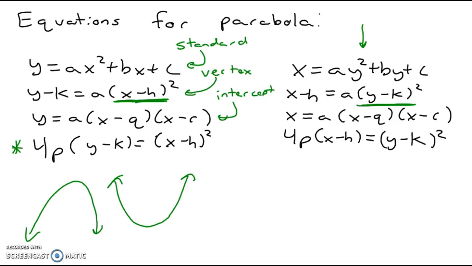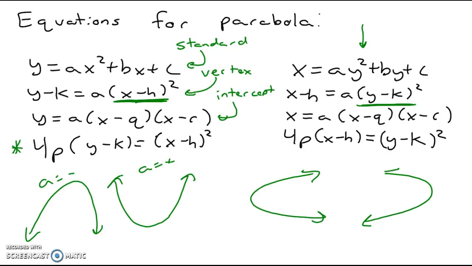With the ones where y is squared, the parabola opens to the side, either to the left or to the right. In this situation, a would be negative. In this situation, a would be positive.